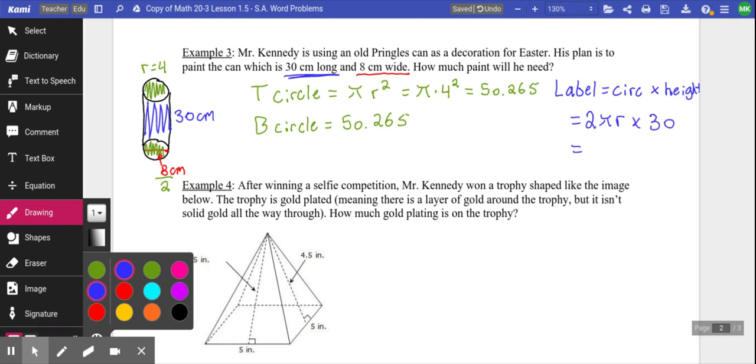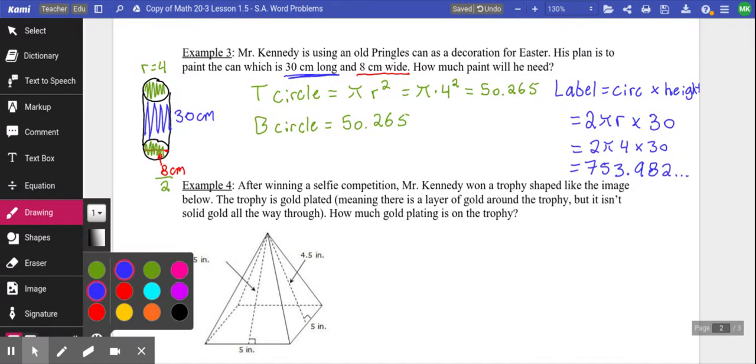In this case, you go 2 times pi times 4 times 30, you get 753.982. That's all close to even. It'll come back.